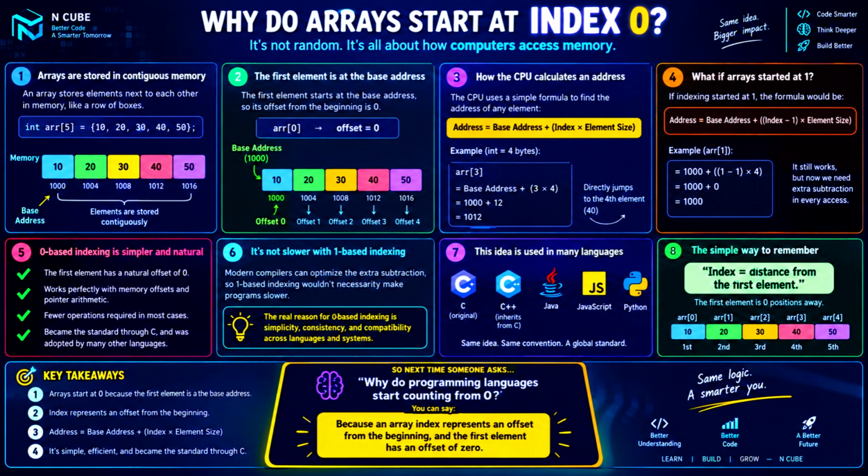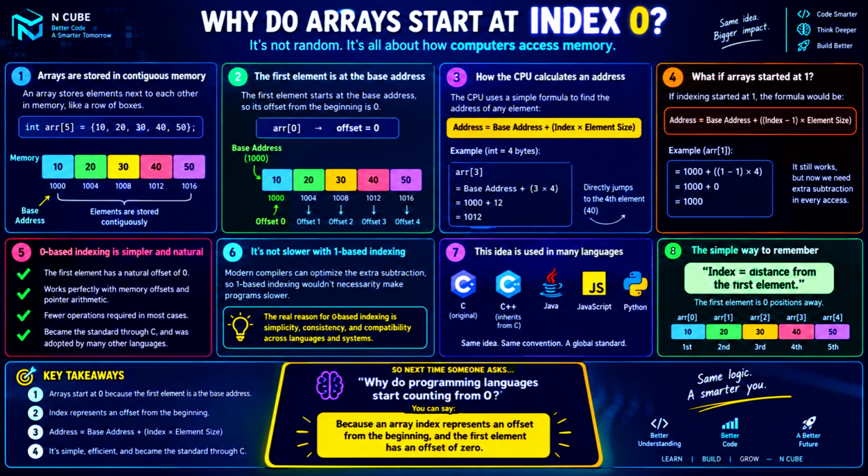How does the CPU calculate an address? The CPU uses a simple formula to find the address of any element: address equals base address plus index times element size. Here, we are searching for an integer, which contains 4 bytes.